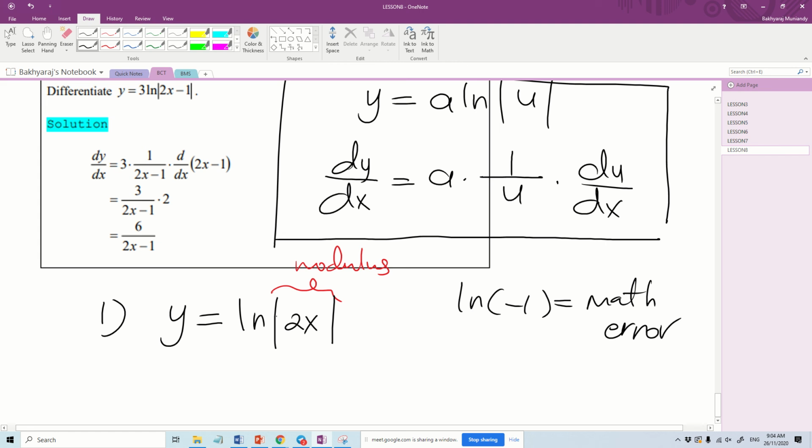That's why we use modulus. The function inside the logarithm must be positive.